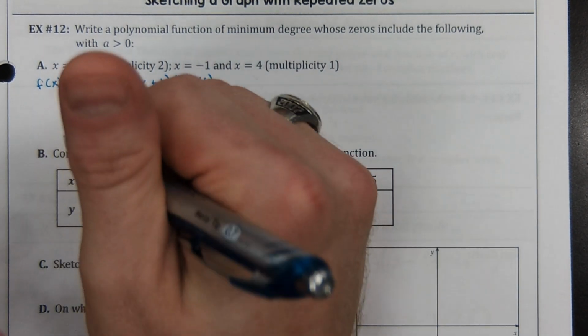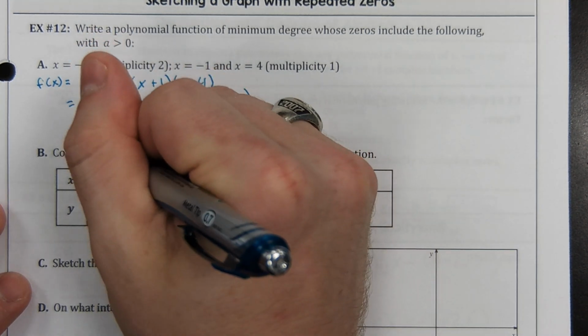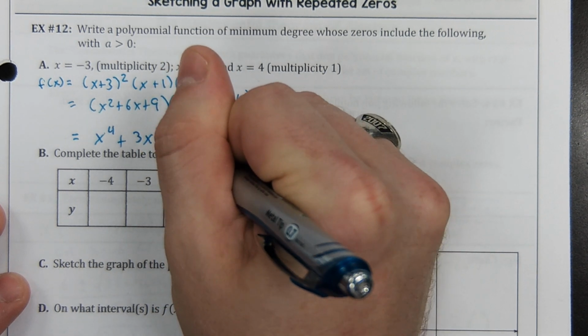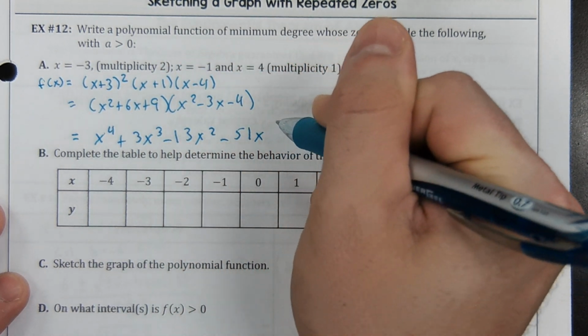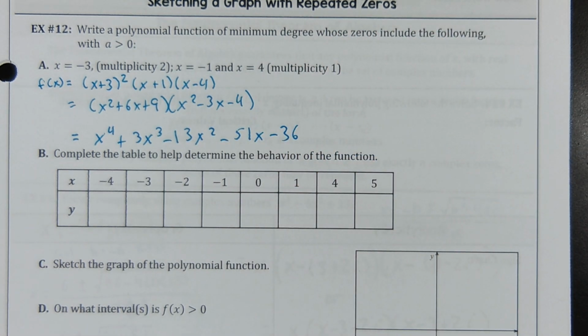Since this is an AP classroom, I'm going to assume that you can all do that. It gets us x to the 4th plus 3x to the 3rd minus 13x squared minus 51x minus 36. There. Part A is complete.